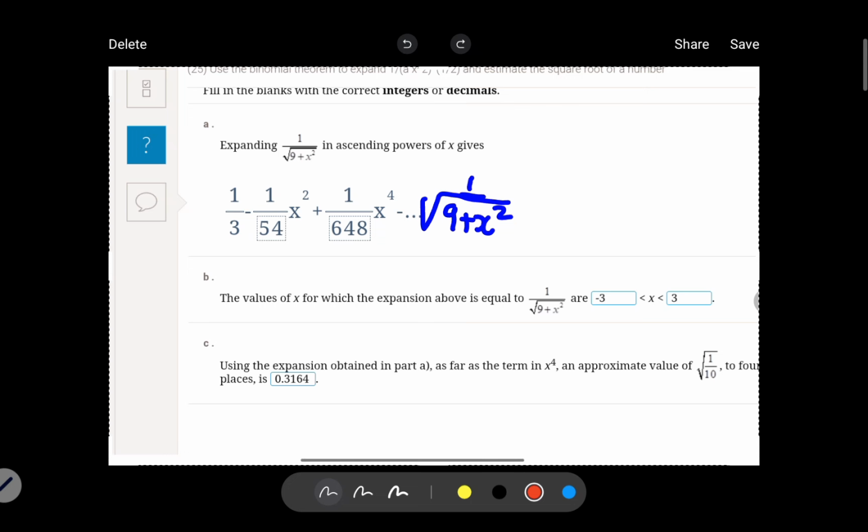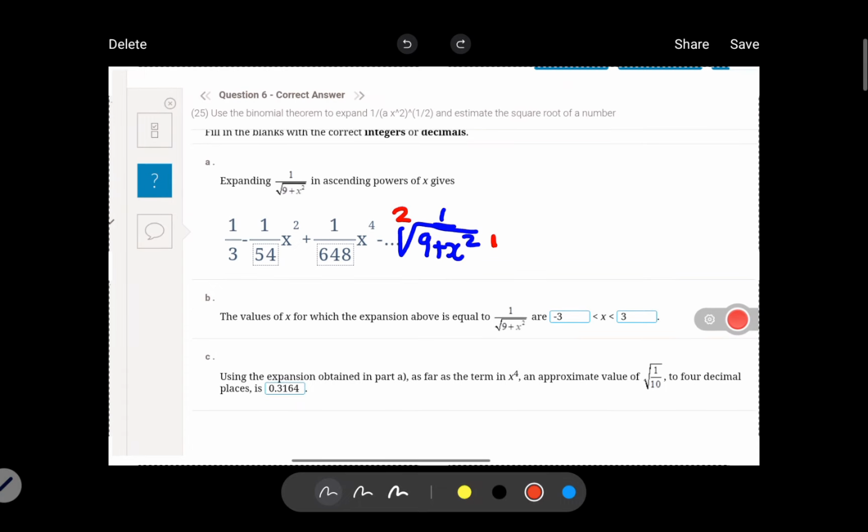Okay, not this. This one, it doesn't have anything to do with anything. This is always 1. Okay, this one here now it's 2 because they didn't put here anything. Sometimes it will be 3 here, but they will tell you if it's 3. If they didn't put anything, it's 2. So now it's 9 plus x squared to the power of 1 over 2 over 1.